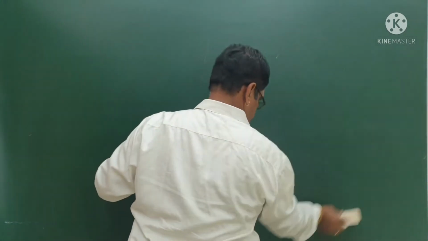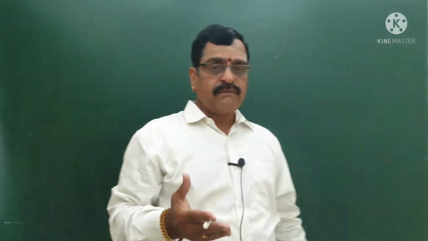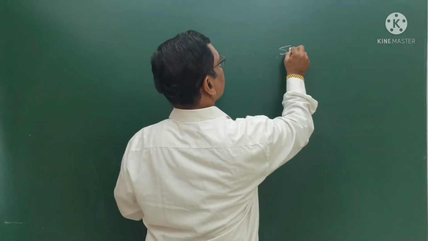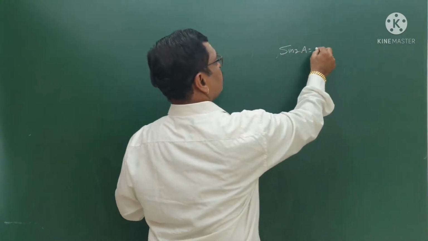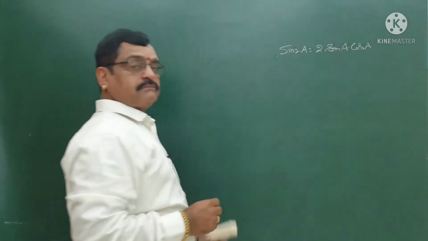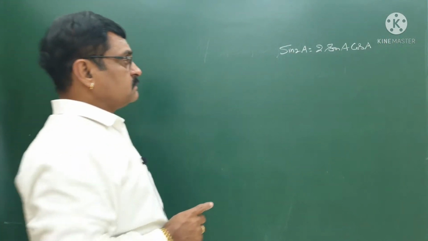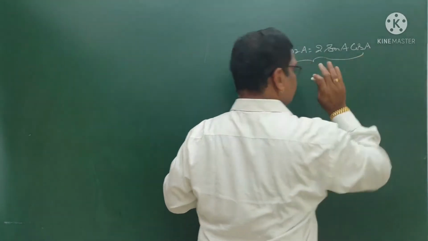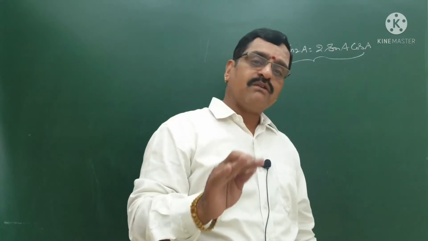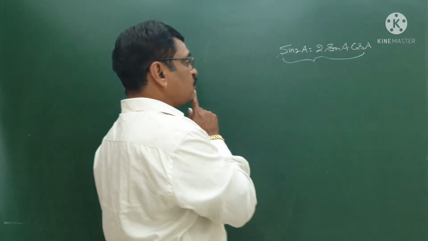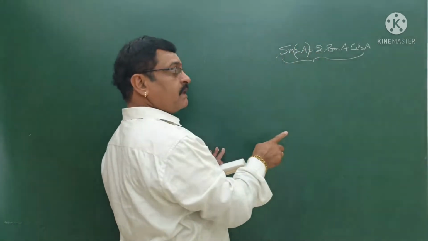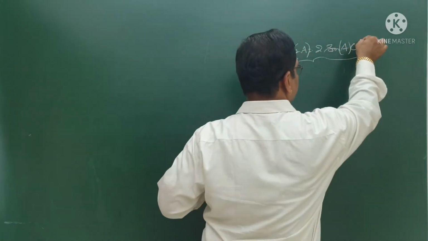Now, we proved some formulae in the previous video, like sin 2A is equal to 2 sin A cos A. This is an identity, that means it is true for all the values of angle A. If you observe carefully, whatever angle you have here, 2A, that is becoming half of that.